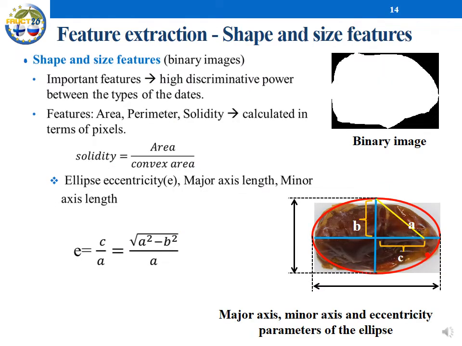For shape and size features, we calculate the following features: the area, the perimeter, the solidity, the ellipse eccentricity, the major axis length, and the minor axis length.